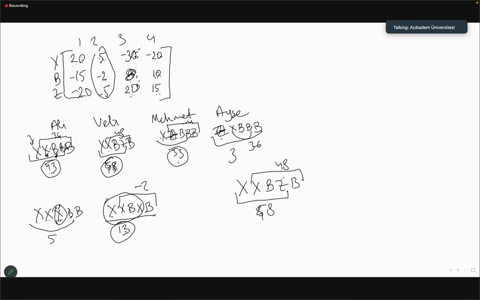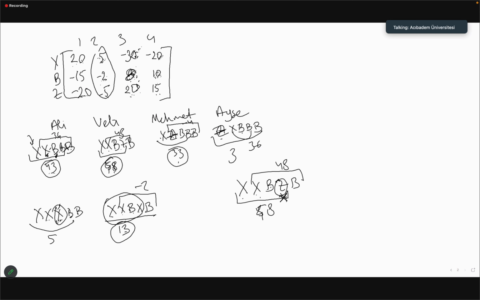So changing this position from Z to an X, here you have XXBX, XXBX is still positive. So there's no mutation for Veli to have bad bioinformatics disease.